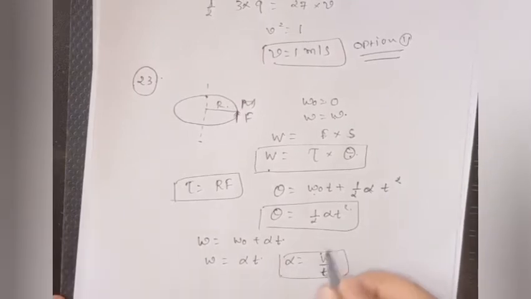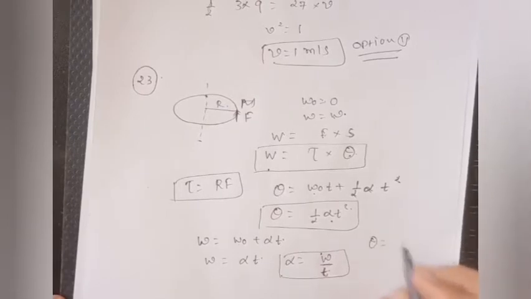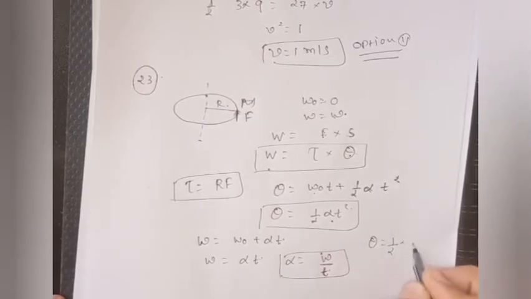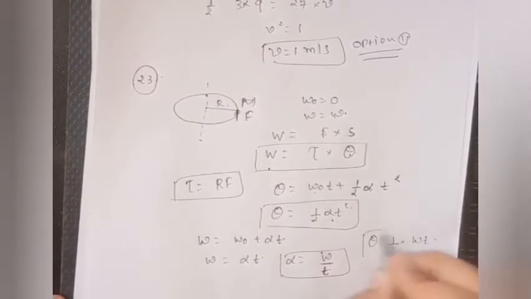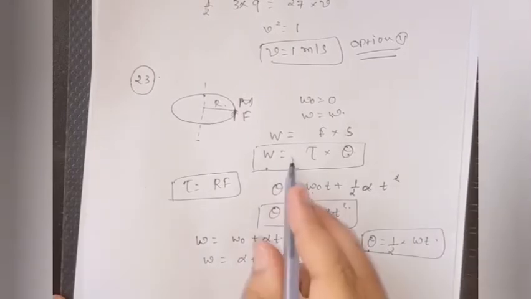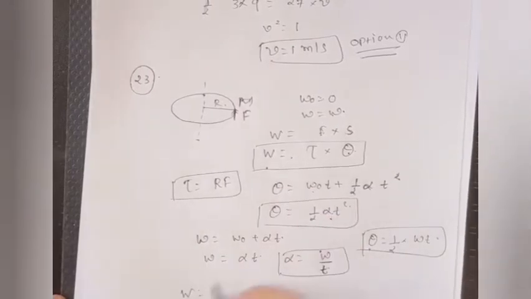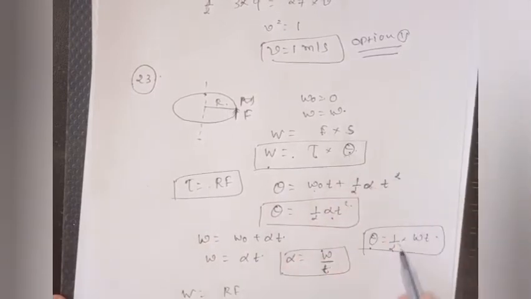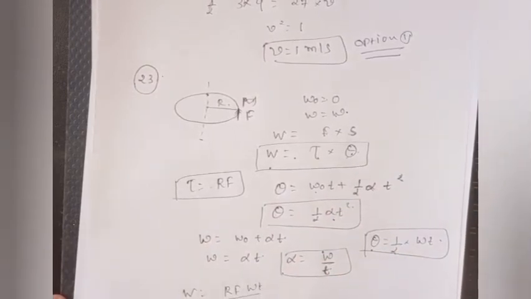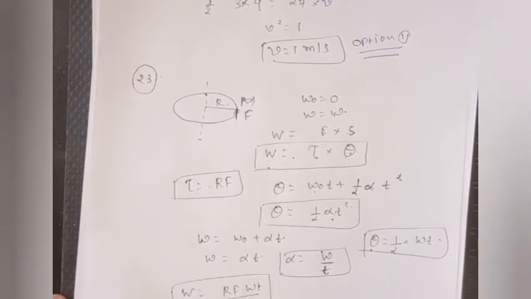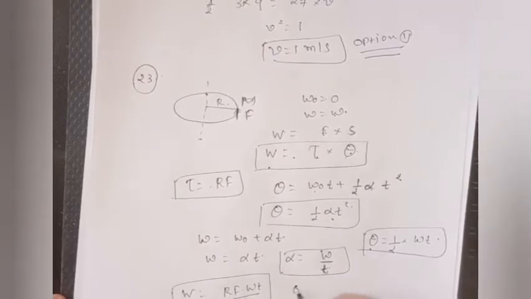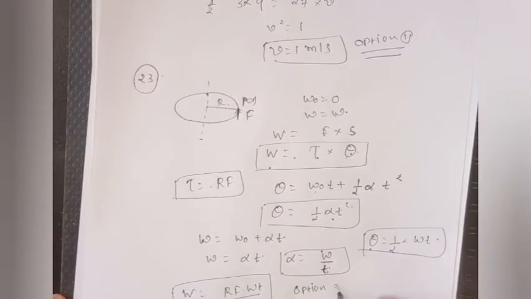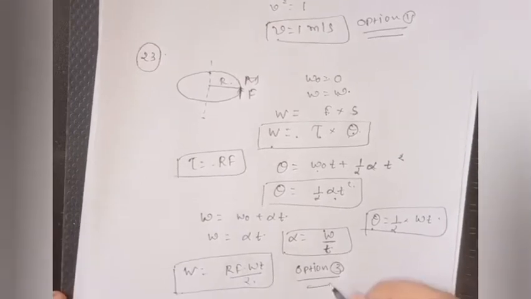Put this value in this equation, so theta will be half into omega t. Your work done will be torque, which is r into F, into theta, and theta is omega t by 2. So this is the work done by the force F. So option 3 is the correct option.